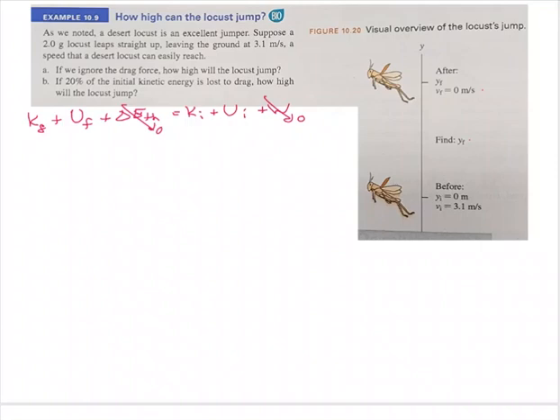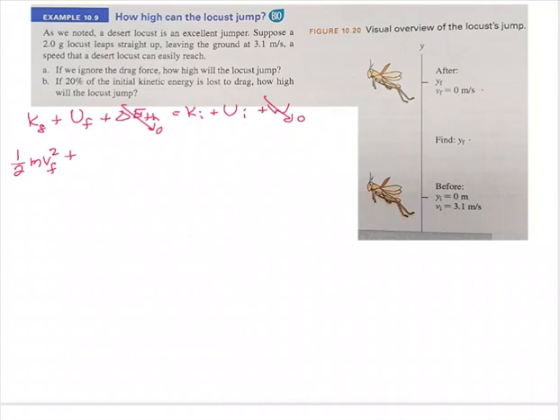So now let's turn these simple letters, the K's and the U's, into the formulas that they represent, right? So 1/2 mv squared for K final will be 1/2 m v final squared. Now U final would be plus, what's potential energy? mgy.